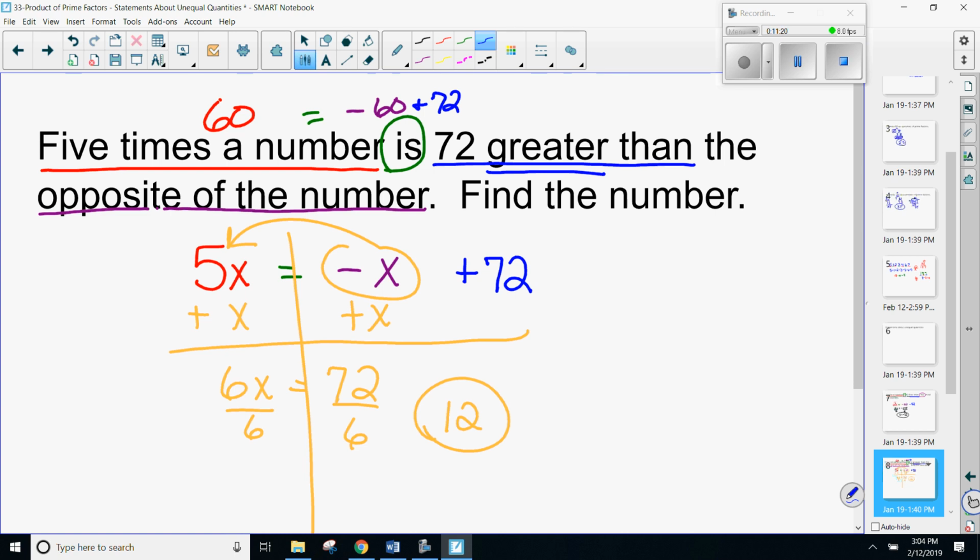Your number is 12 here. If I take 5 times that number, the opposite of the number, that was my bad right here. The opposite of the number should be 12 right here. Is that equal? Yeah, it is. So you get 60 on both sides.